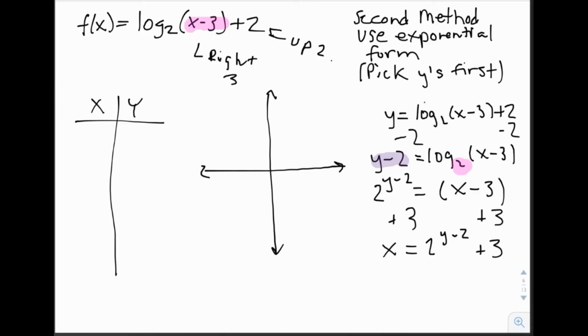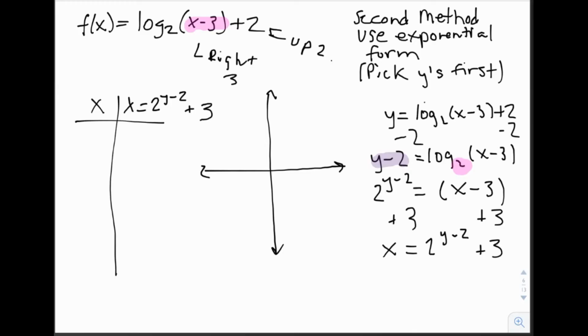So we can use this to our advantage to figure out what values we're going to get here. Let's replace it here. We're going to write x is equal to 2 to the y minus 2, and then finally plus a 3. This is where picking our y's is very important. We figure out our y values, and from that we will get our x values.